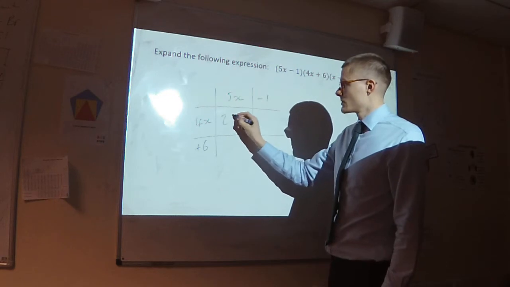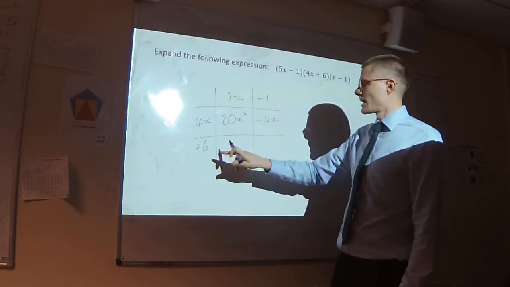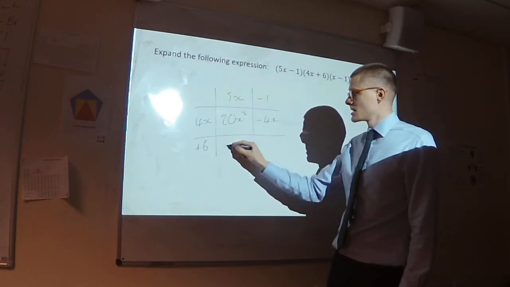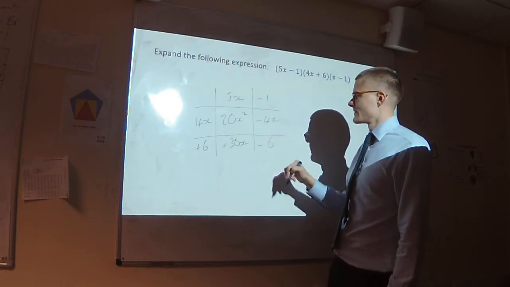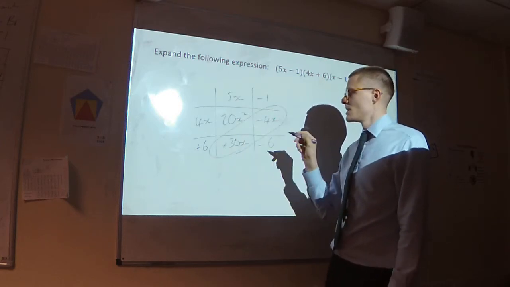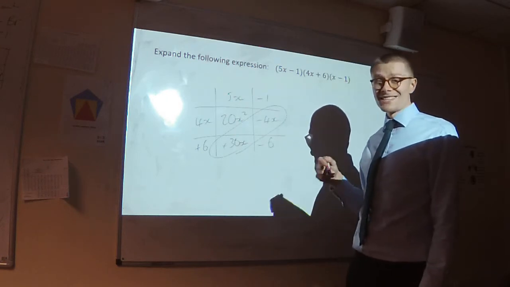4x times by 5x is 20x squared. 4x times by negative 1, negative 4x. 6 times by 5x is positive 30x. 6 times by negative 1 is negative 6. Again, it's these 2 that are going to simplify. I'm going to write my answers just down here because then I'm going to set up my second multiplication grid.